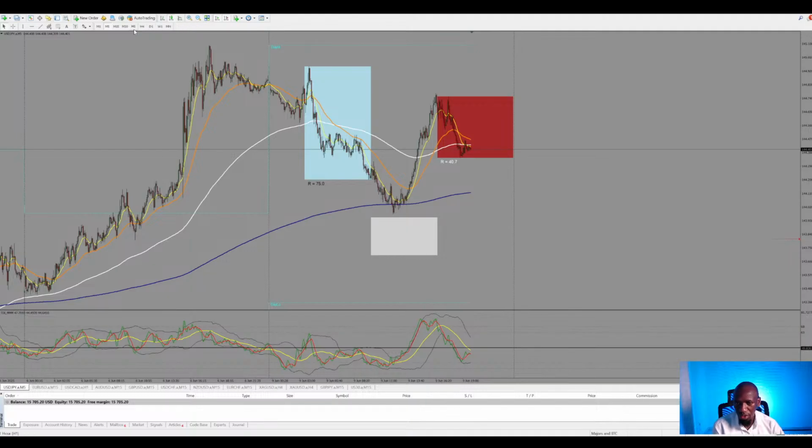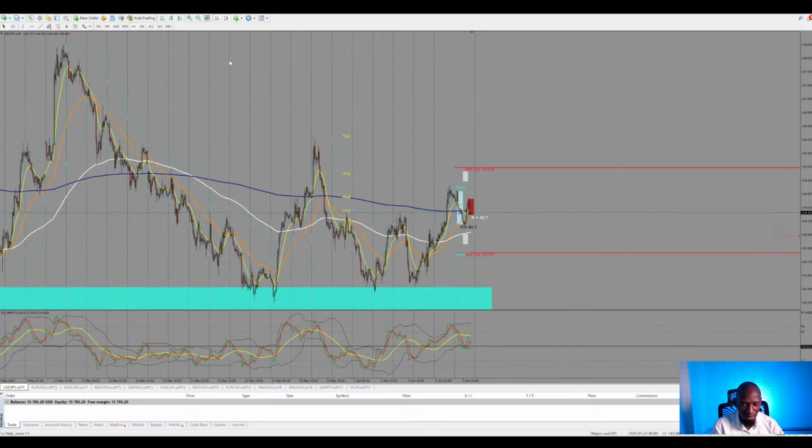So yeah, let's wait and see. This is how our chart looks like. We see that price has been rejected from this point of interest. It's taken off. It's likely that it's going to come into this region, as I mentioned.